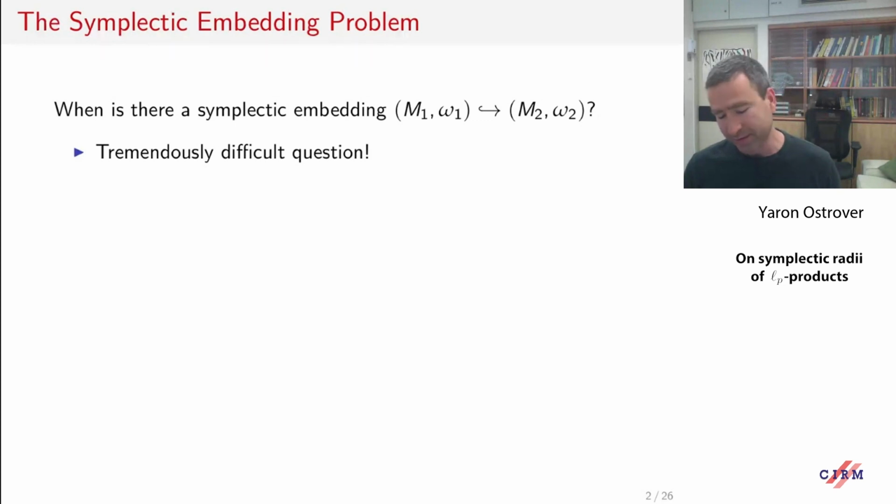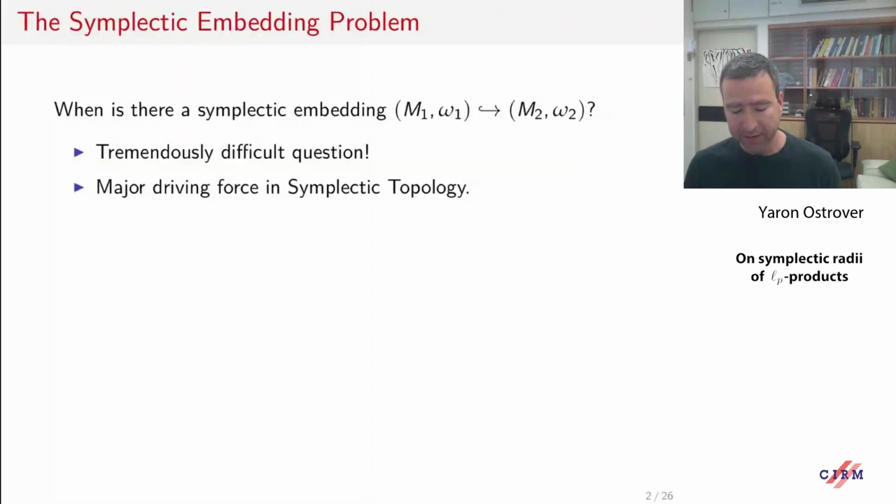even though it's extremely difficult, it serves as a very strong positive force in symplectic topology and Hamiltonian dynamics, and many tools that have been introduced to the field can be used to tackle the question of symplectic embeddings.